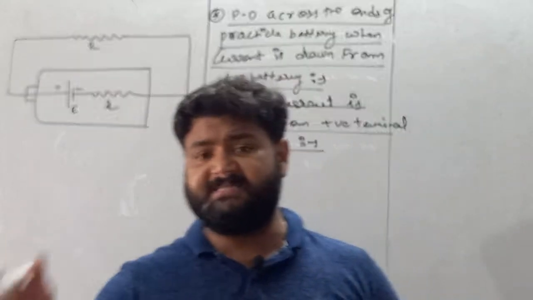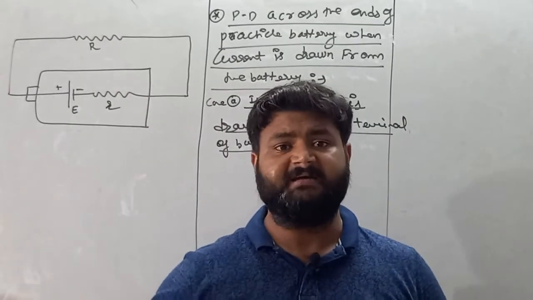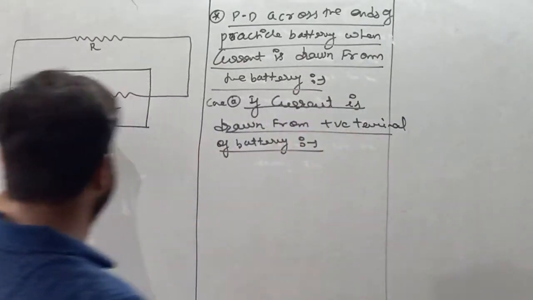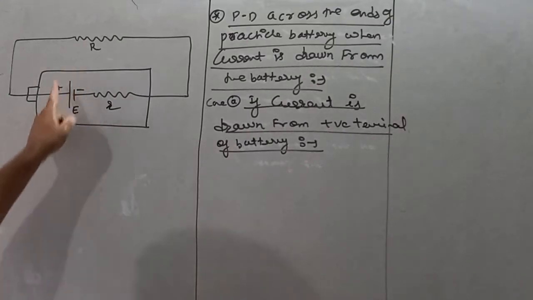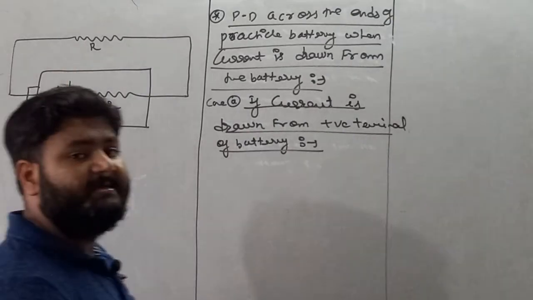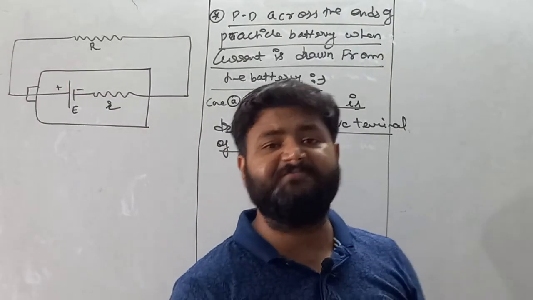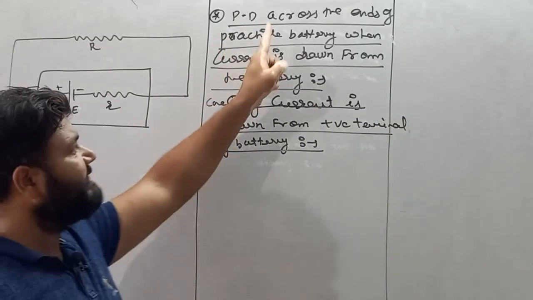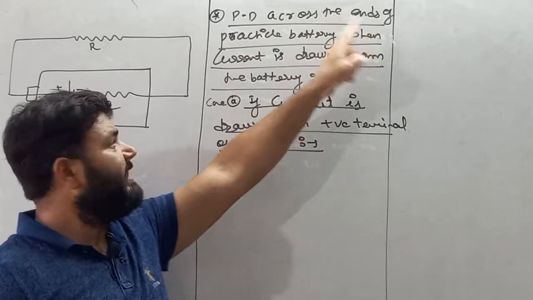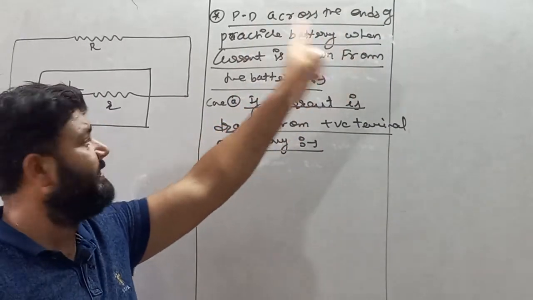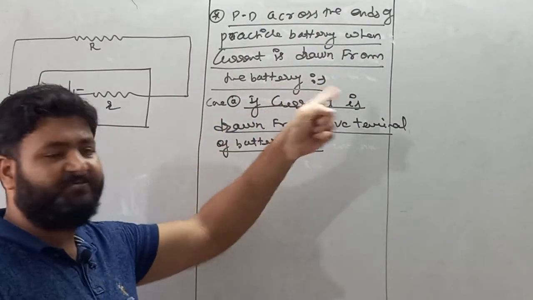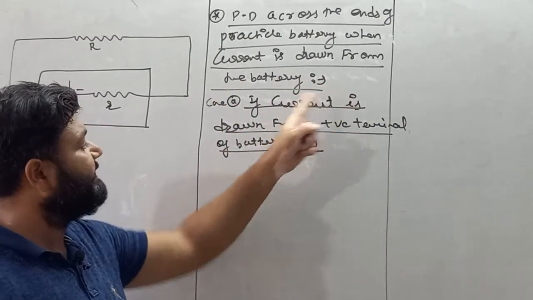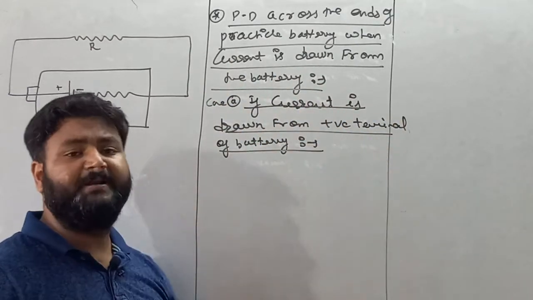So if the potential of the terminal is V, then the EMF is also V. So now instead of V, I'll write E. So check it out, dear student: I'm discussing the potential difference across the ends of a practical battery when current is drawn from the battery. In this situation, we'll discuss if current is drawn from the positive terminal of the battery.